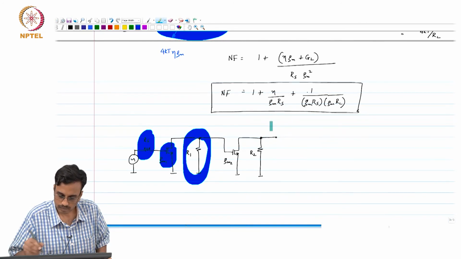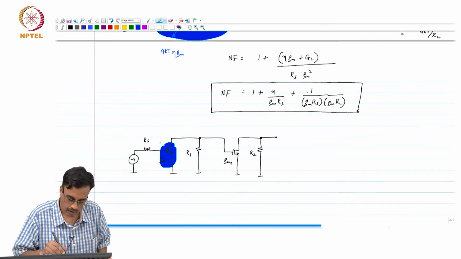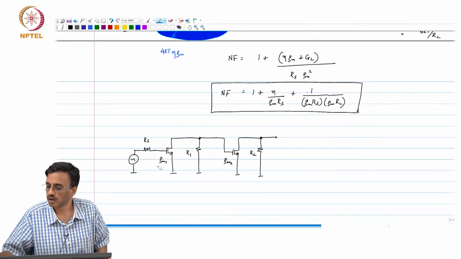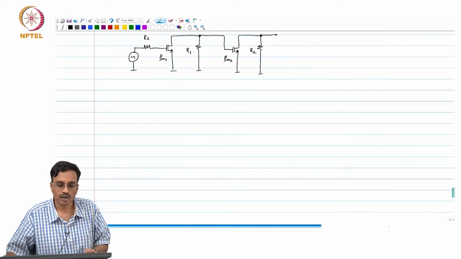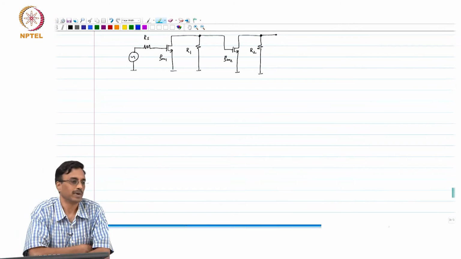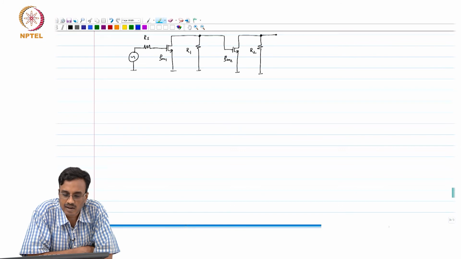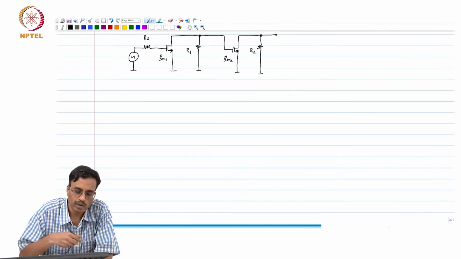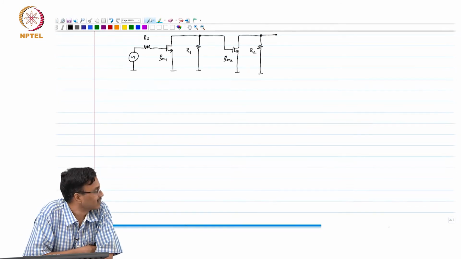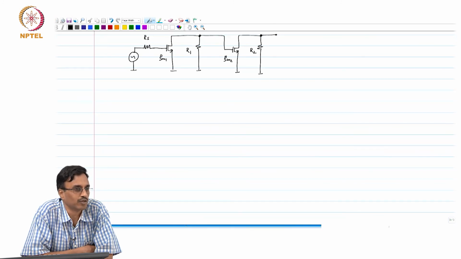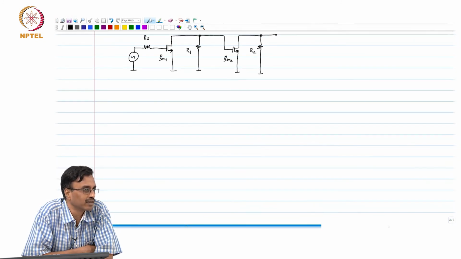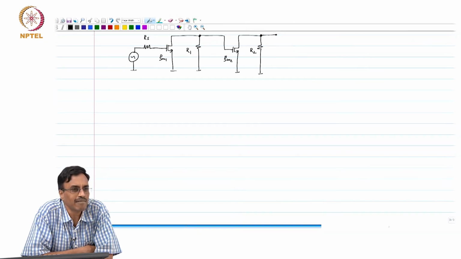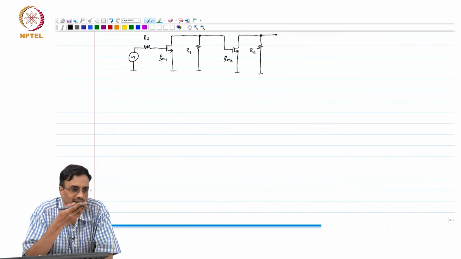So that's all I had to say regarding noise factor and noise figure. Again, I'd like to remind you that so far we have just discussed circuits where there is no memory, so that the algebra becomes easier on the blackboard, right. In reality, all these gains will have frequency dependence.